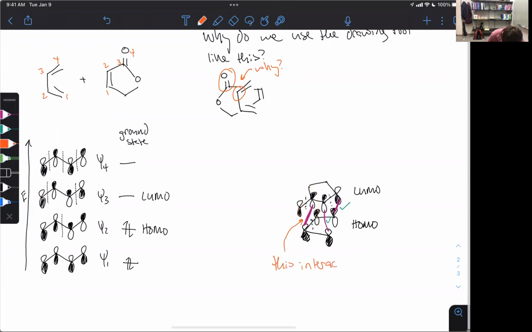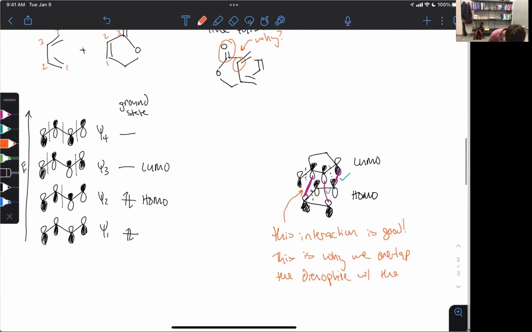So this interaction is good. So this is why we overlap the dienophile with the diene backbone for stereochemistry.